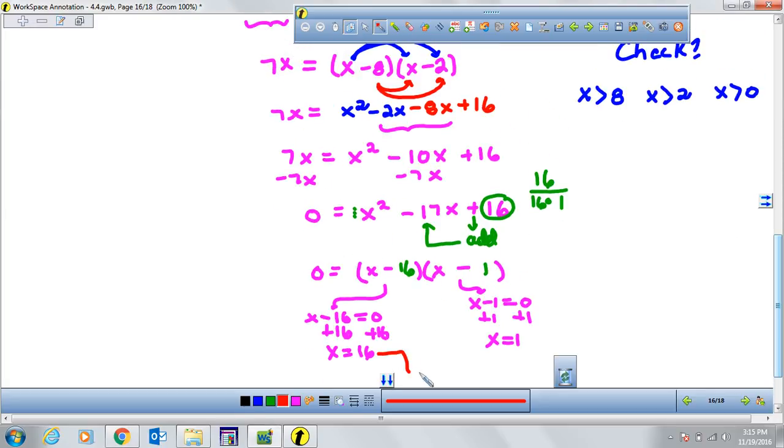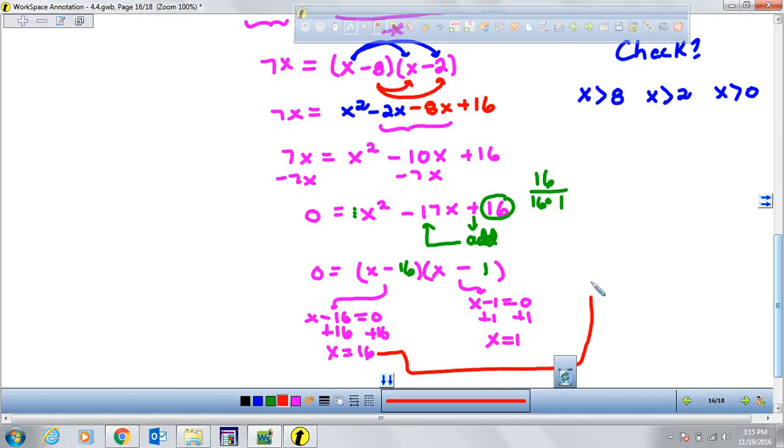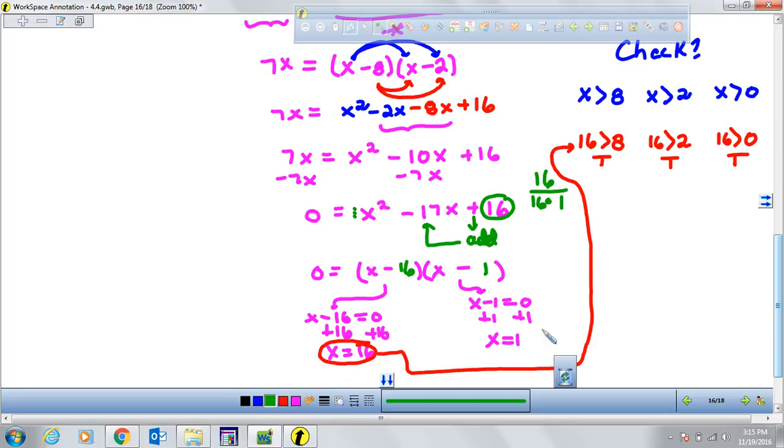So I'm going to put an arrow here, and I'm going to check the 16 right over here. 16, is that greater than 8? That's true. 16, is that greater than 2? That is true. And is 16 greater than 0? That is true. So what does that mean? That 16 is a real solution.